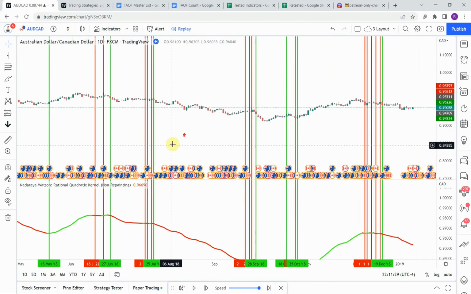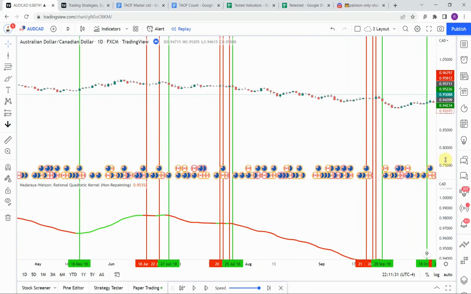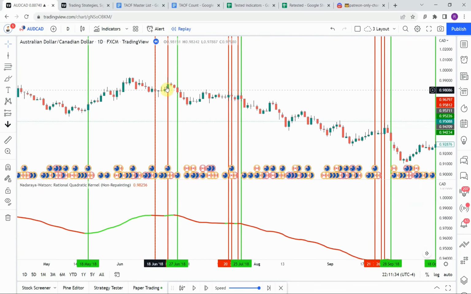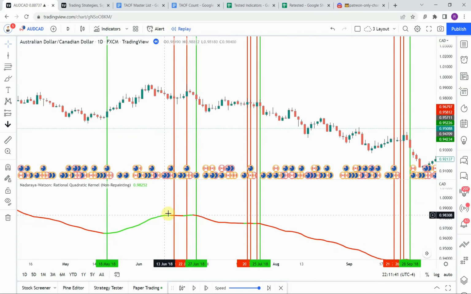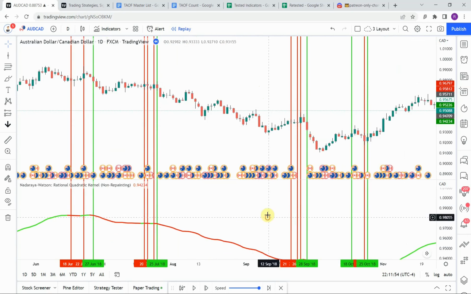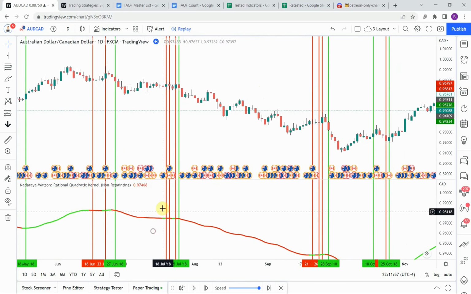These clusters of losing trades are basically where we get a moment of consolidation or an area where the market hasn't quite figured out what direction it wants to go in, and the indicator reflects that as it bounces from a short to a long to a short to a long. Maybe not that drastic, but enough to get these clusters of losing trades right here, as you can see, where it jumps to a long, then a short, then a long, and then finally a short before it figures out what direction it's actually wanting to go in.